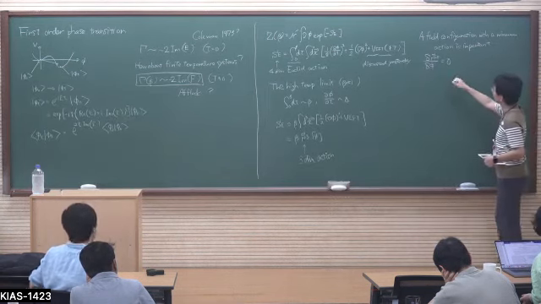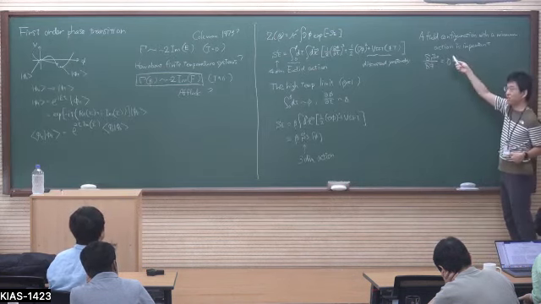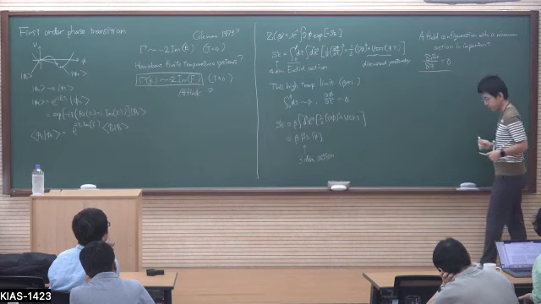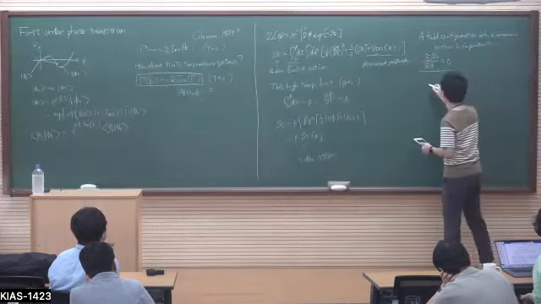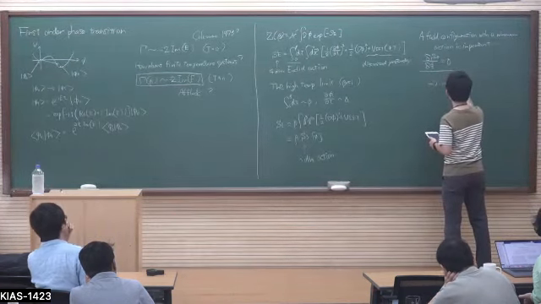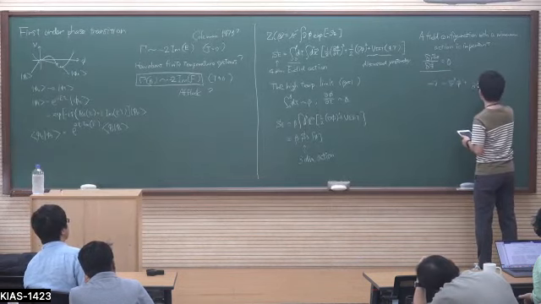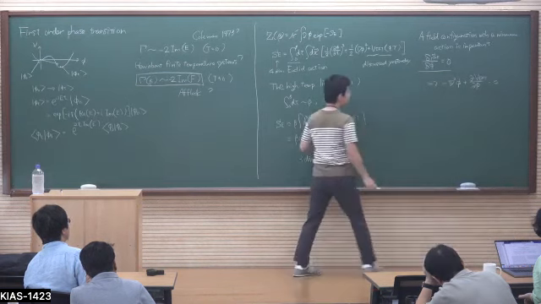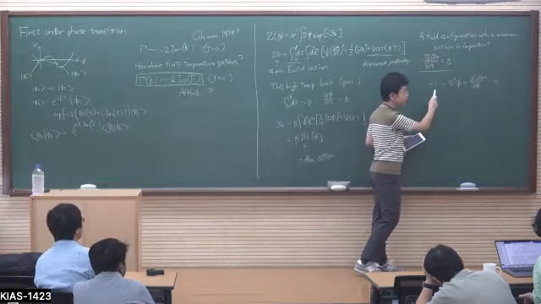If the non-trivial solution can realize the minimum effective action, then the field configuration should satisfy this stationary condition. By using this formula, we can obtain this field equation for the scalar field.